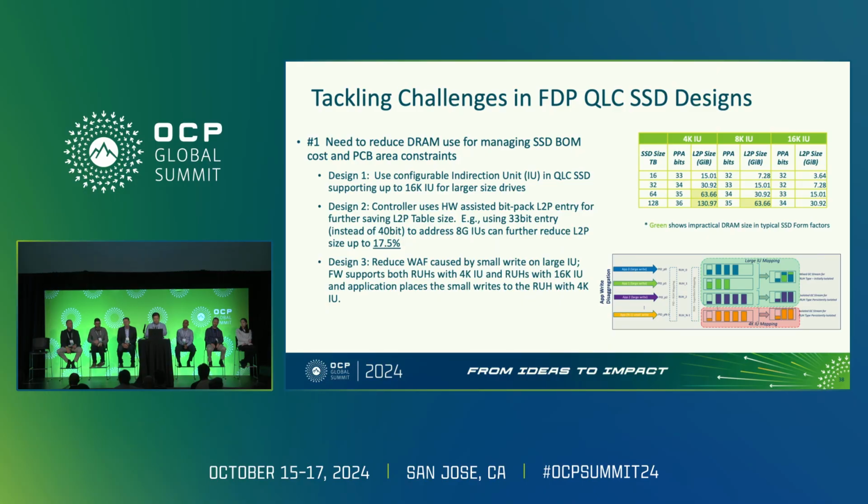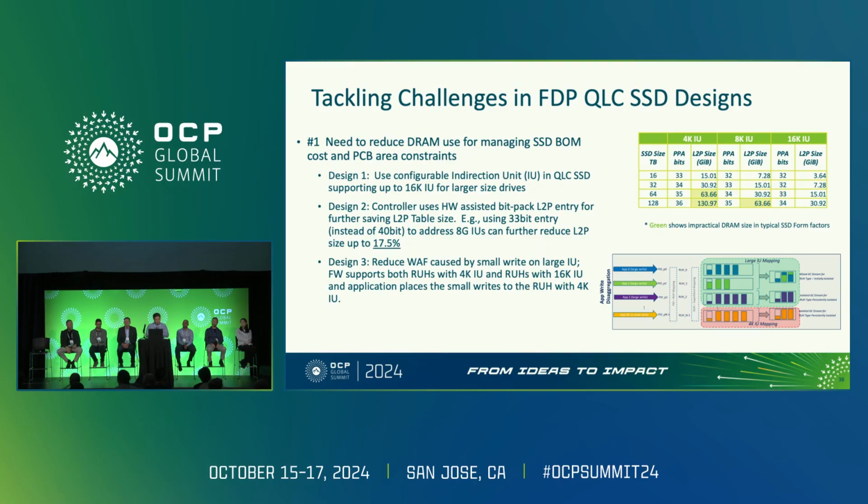This table shows that with the 16K IU and L2P entry size of 34 bits, the L2P size can be 32.9 gigabytes. So this can fit in the U.2 or E3 form factor.